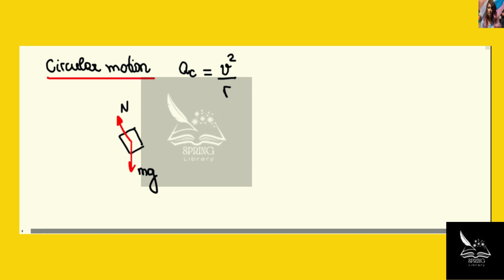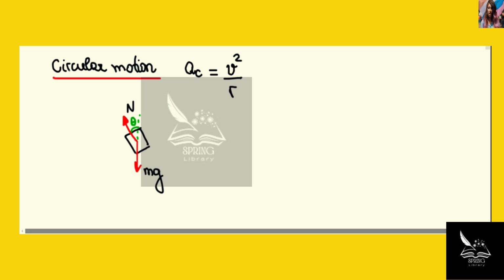Notice that the normal force makes an angle of theta with the vertical. So I'm going to decompose these forces into an x and y component, and I'm going to choose the y coordinate to be pointing upwards and the x coordinate to be pointing to the left.